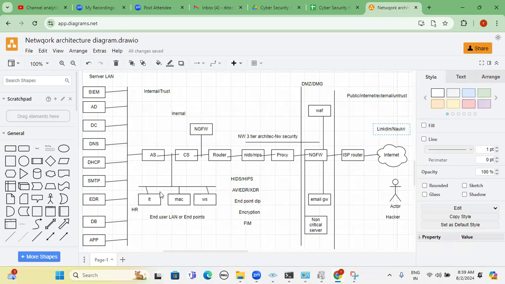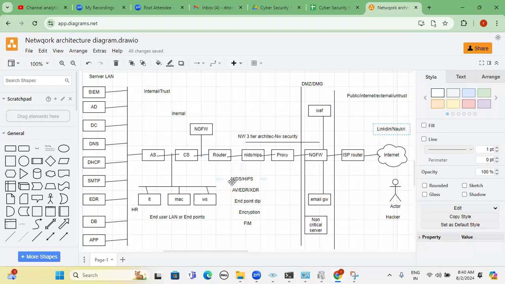First it goes to the access switch. From the access switch, it goes to the DNS server for DNS resolution. Then it comes back to the core switch, then goes to the layer 3 switch, then to network IDS and network IPS. In a similar way, proxy, next generation firewall, and finally the public internet where the end user applied for the job.